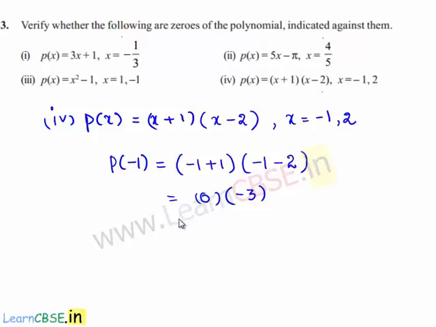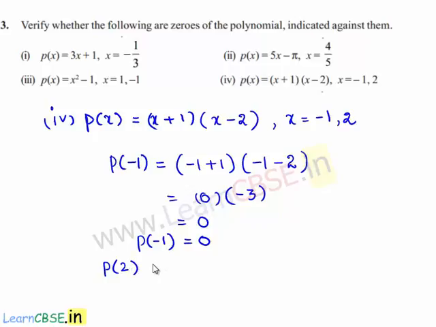0 multiplied by anything becomes 0. Therefore, P of minus 1 is 0. That means minus 1 is a zero of the given polynomial P of x. Next, let us substitute x is equal to 2.